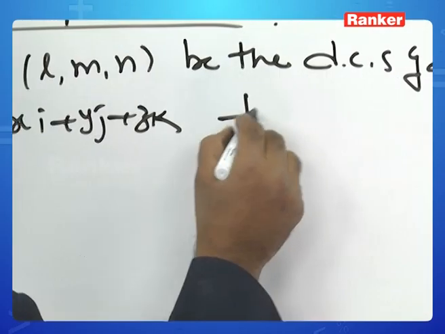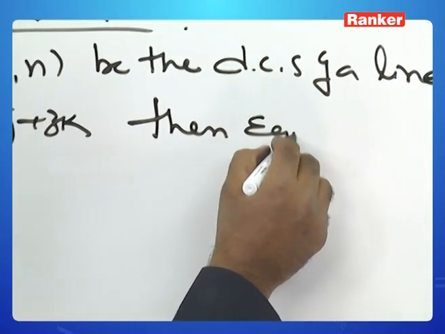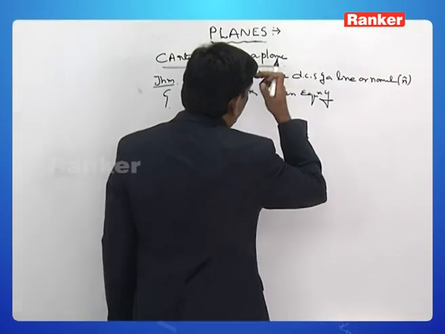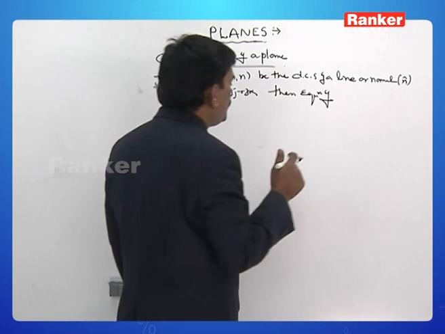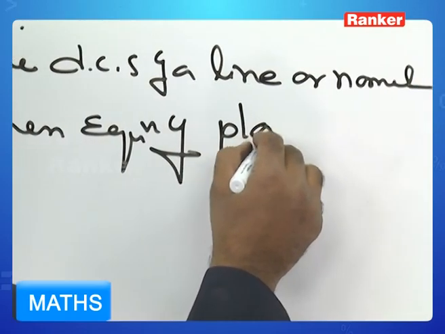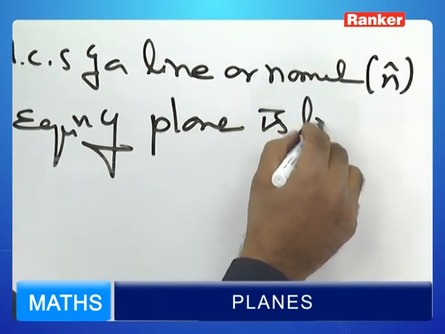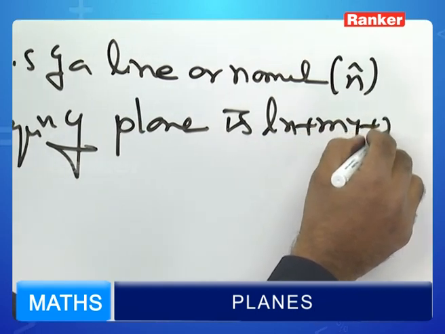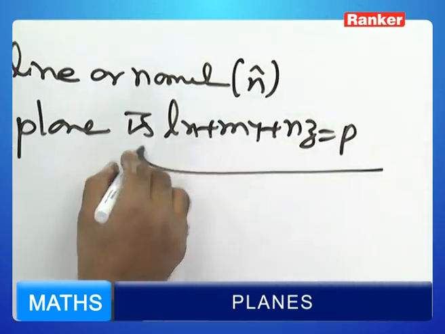Then the equation of the plane is lx plus my plus nz is equal to p.